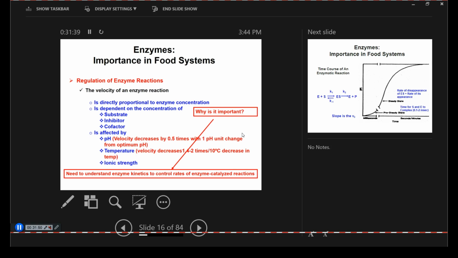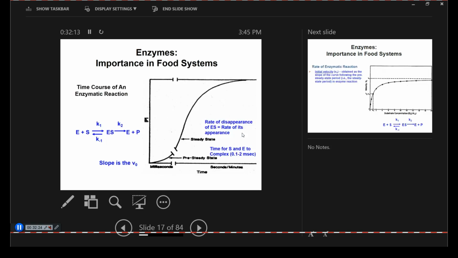All of this requires that we understand the enzyme, understand its affinity to the substrate, understand its velocity under different conditions. Therefore we can design an enzymatic activity assay, or know how much to utilize of an inhibitor, for example, to achieve reduction in browning over time. So we really need to understand enzyme kinetics for many applications in food systems, and that's why we're talking about it over and over in multiple courses in food science.